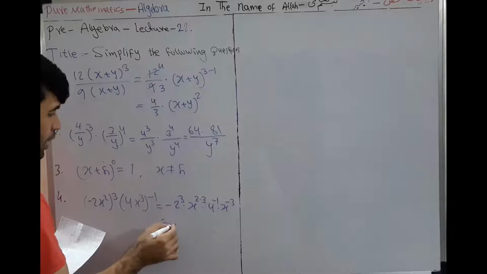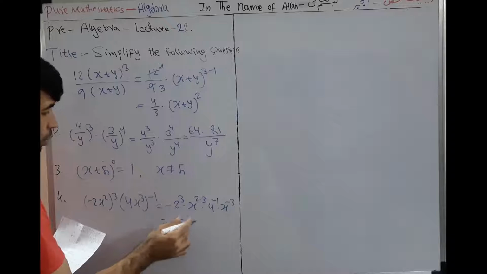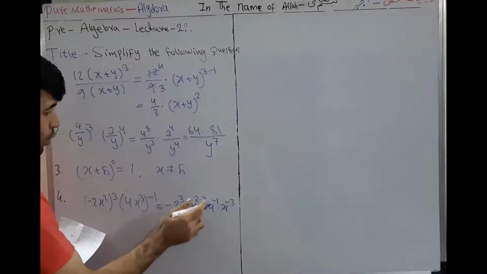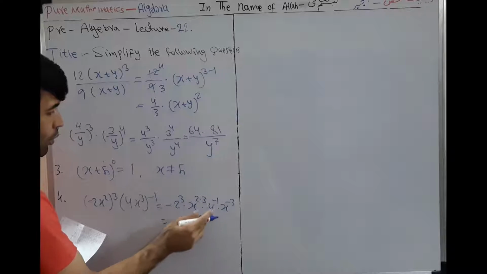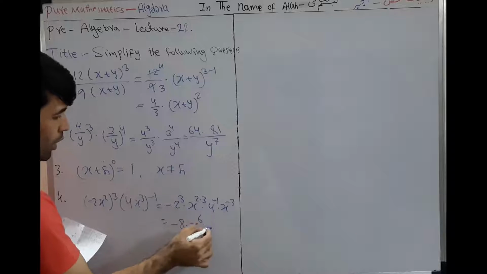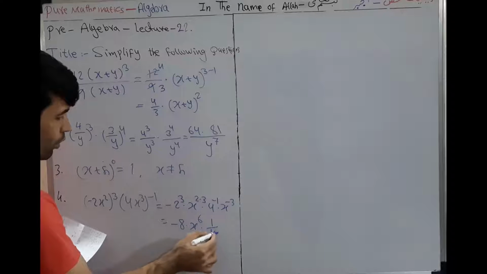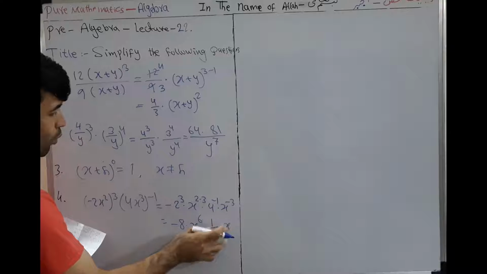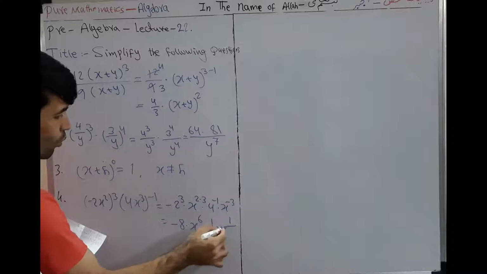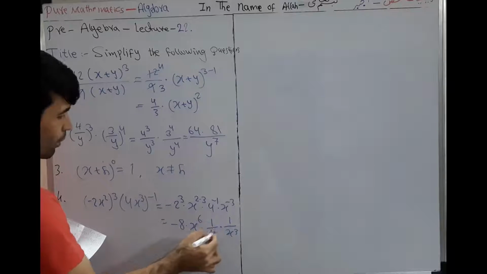It is equal to minus 8 into x to the power 6, into 1 over 4, into 1 over x to the power 3.